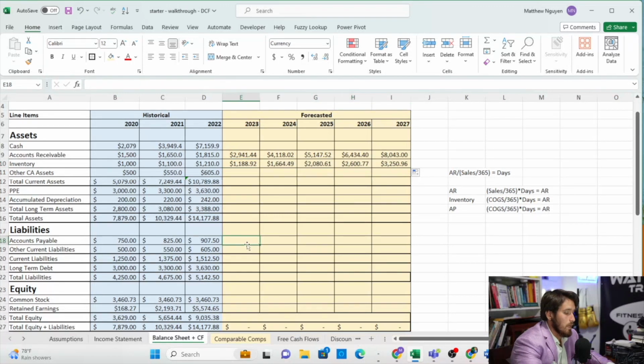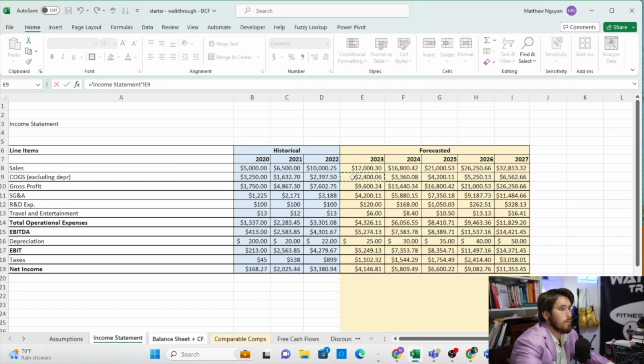Let's go to our accounts payable. So we're going to do the same thing. Let's do our COGS divided by 365. And there's probably a faster way of doing this. I just want to show you guys what I'm exactly doing. Could probably just make some mixed references and then be able to complete that that way.